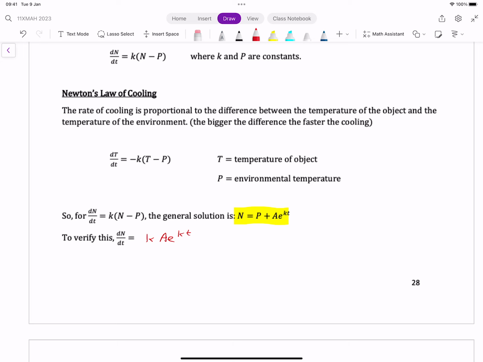If we rearrange this equation, A e to the kt would be N minus P. So if we replace this with that, we get k(N minus P). And we're done.